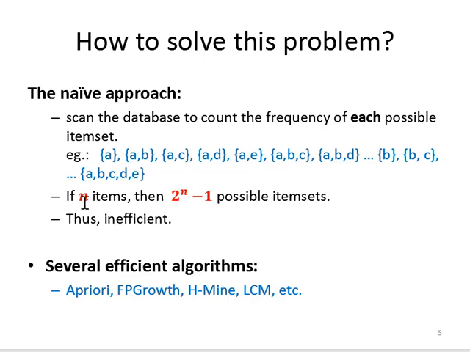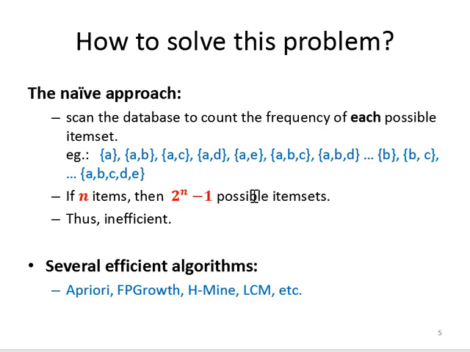If there are n items, let's say you have 5 items like A, B, C, D, E, then there are 2 to the power of n minus 1 possible item sets in the search space. So for 5 items, 2 to the power of 5 is 32 minus 1, so there will be 31 possibilities.